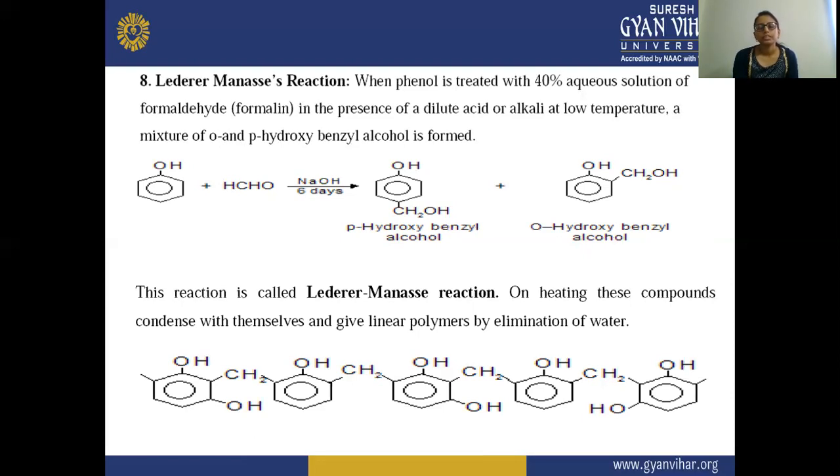So here you can see that the phenol is reacting with this formaldehyde solution with sodium hydroxide, and there is a formation of two compounds. One is your ortho and the second one is your para. So here on the ortho position the hydroxy is attached, and on the para position hydroxy is attached, and its name is para-hydroxybenzyl alcohol.